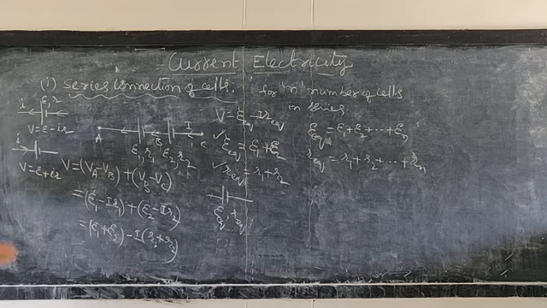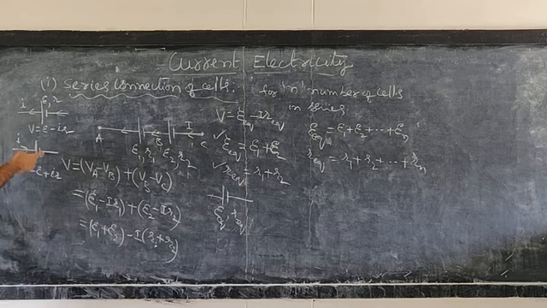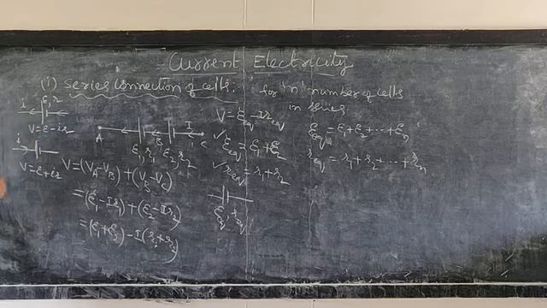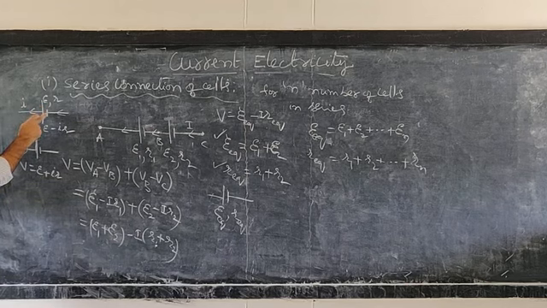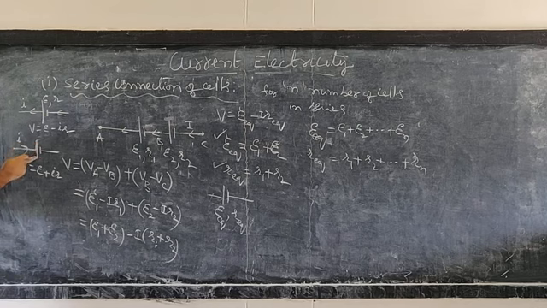Here the current is going from plus to minus. It is coming out from the positive terminal and then entering into the negative terminal. Whereas inside the cell, here it is N to P, that is negative terminal to positive terminal, and here it is positive to negative. In such a case, the direction of the current inside the cell is reversed.